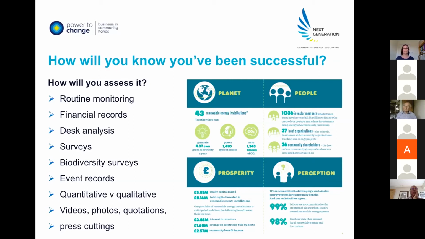You're already going to have that information to know what the starting point was. You might be gathering information about event attendees, who's attended, the types of people that have attended. I think Power to Change have a tool called Twine, which can help you very quickly get people who attend an event to register and fill in a quick survey for you.